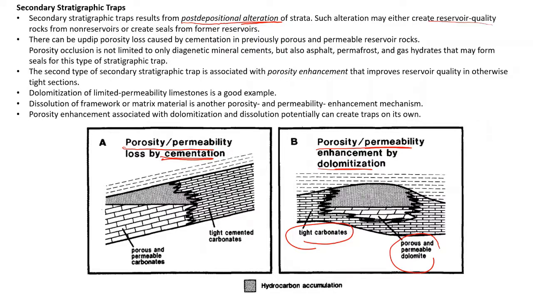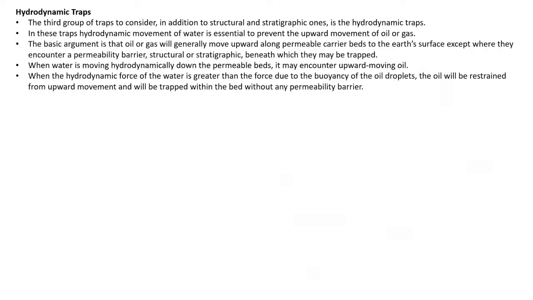So the porosity enhancement associated with dolomitization and dissolution can create traps on its own, and therefore these are now suddenly changing the lithology, and therefore we call them secondary stratigraphic traps. Mind you, here no tectonics is involved, therefore they cannot be called structural traps. So I hope this gets clear.